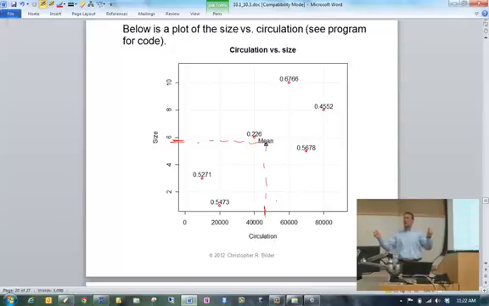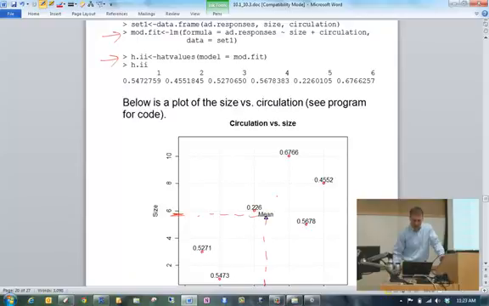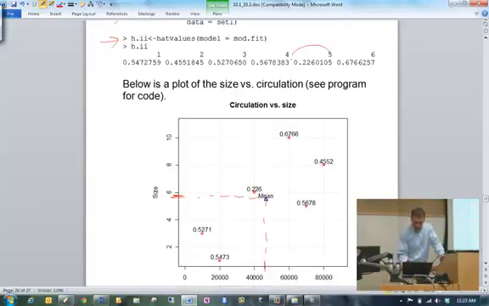Now the circular points represent the actual observations. Right above each of the circular points, I plot what the hat matrix diagonal value was for that particular observation. For example, observation number 5 had a circulation of 40,000, a size of 6, and hat matrix diagonal value 0.226.